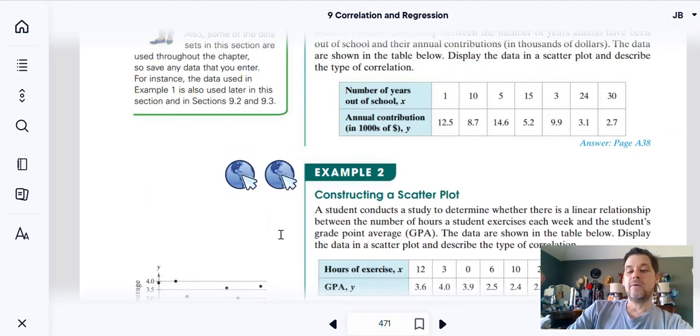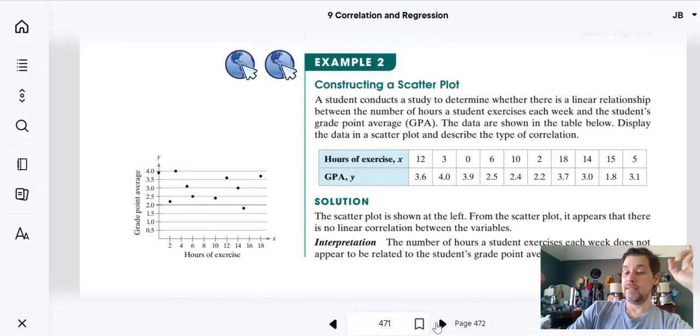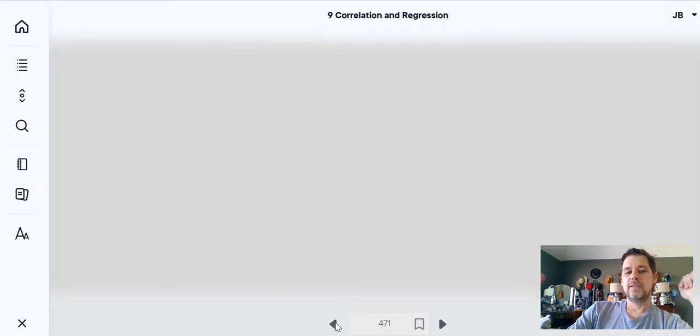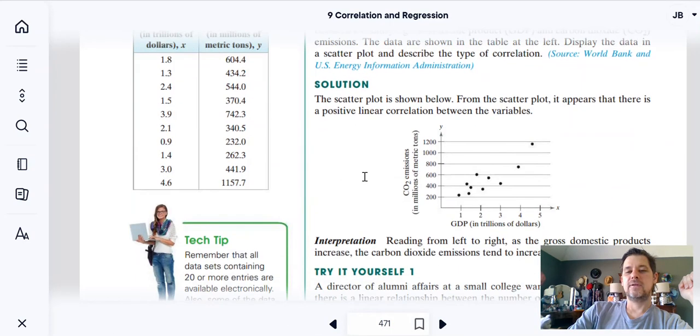Now, one last thing. You might say that if there is a linear correlation, the data could be aligning itself more or less into a straight line. Like here, I'm saying I see a line right there.